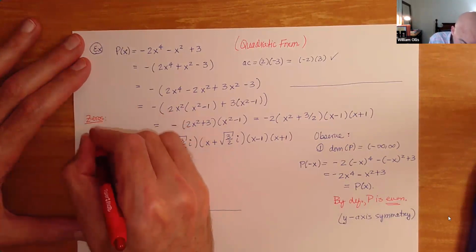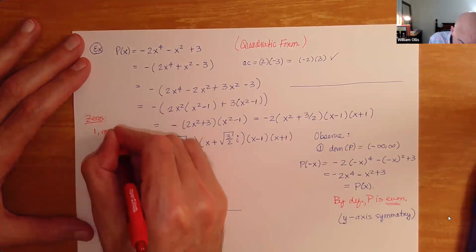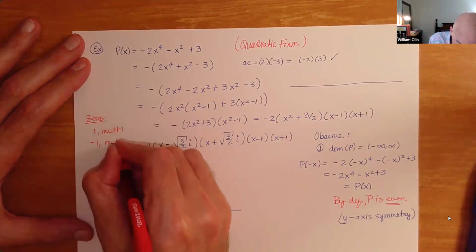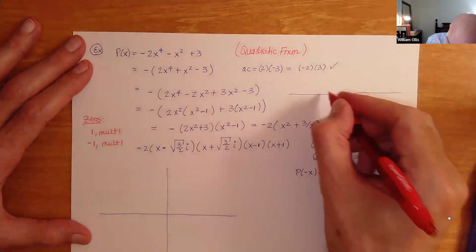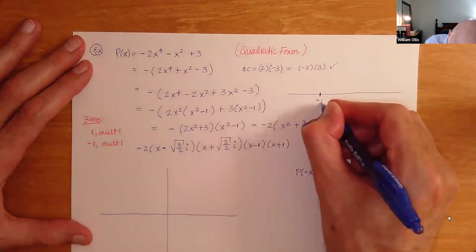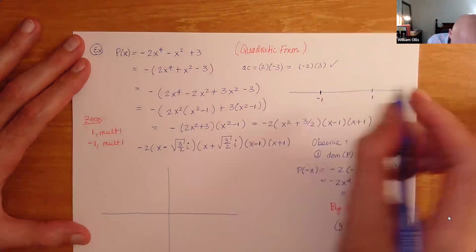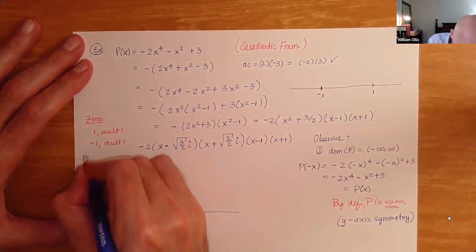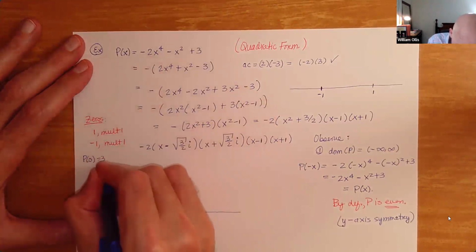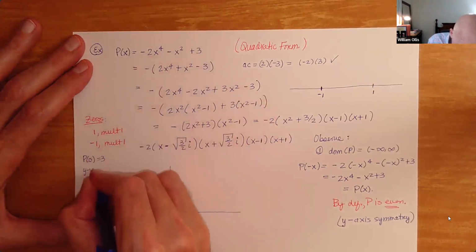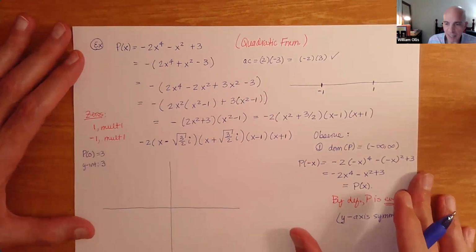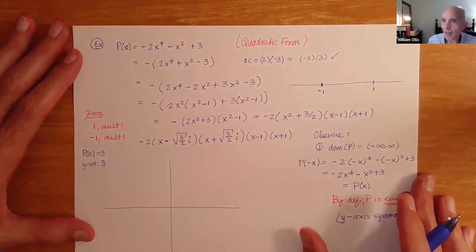We have 1 of multiplicity 1, and we have -1 of multiplicity 1. So here, -1 and 1. And then, of course, P of 0, we can go to the original function, is just 3. So that is our y-intercept is 3. So very basic information that we can get from that, and we're glad for it.